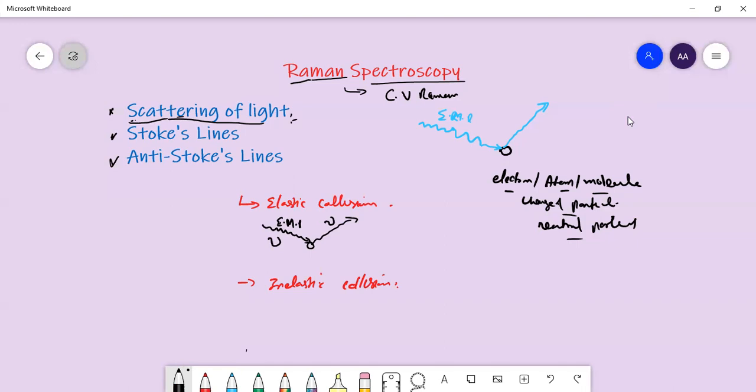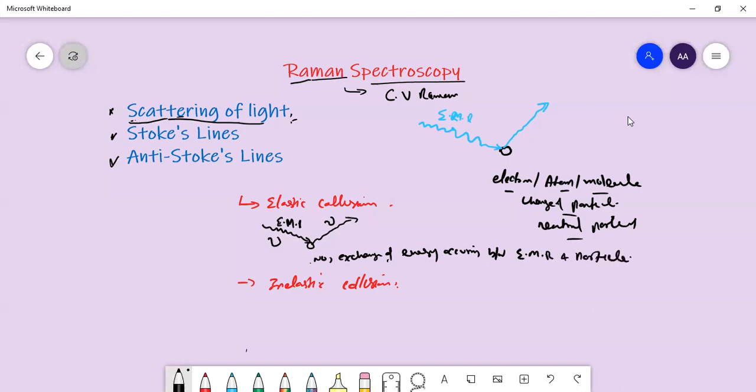It means there is no exchange of energy occurring between the electromagnetic radiation and particles.